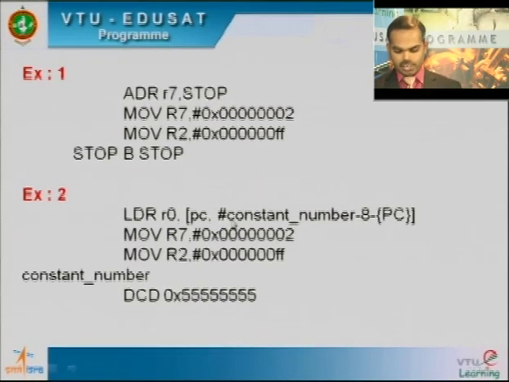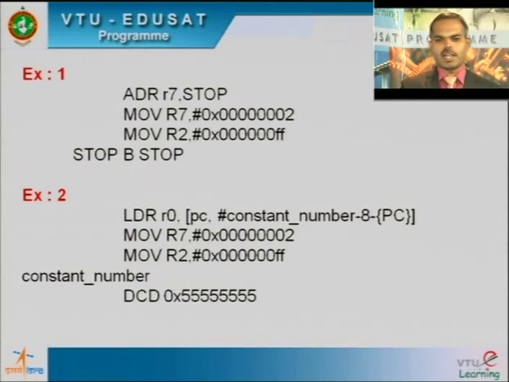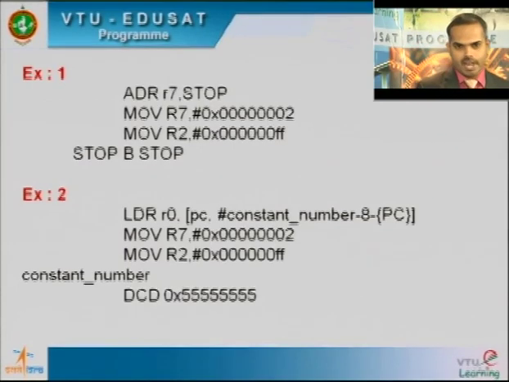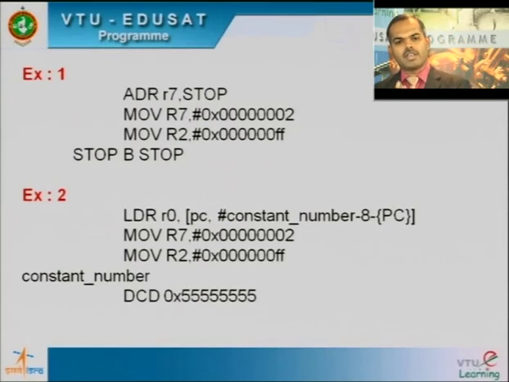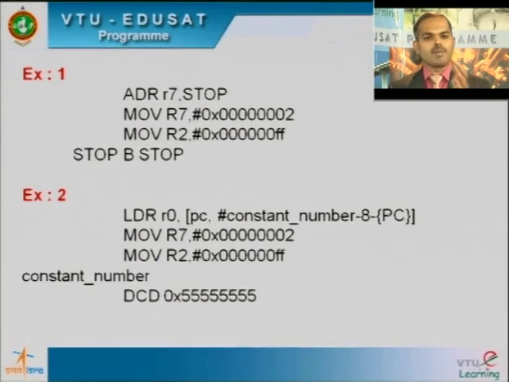So both of these instructions, LDR and ADR, are pseudo instructions. They by themselves do not have a direct opcode value. They get converted to some other instruction. That conversion is done by an assembler depending on its understanding of an ARM processor core.